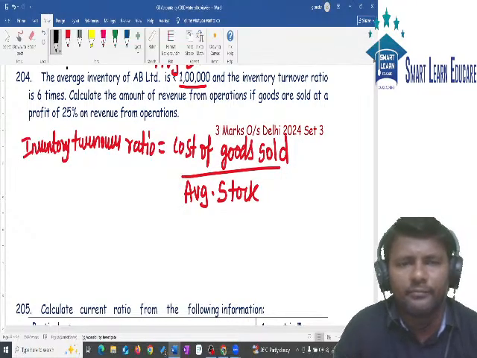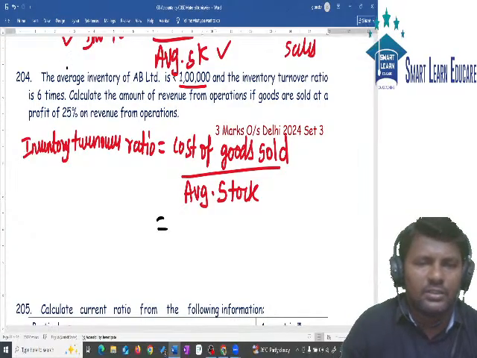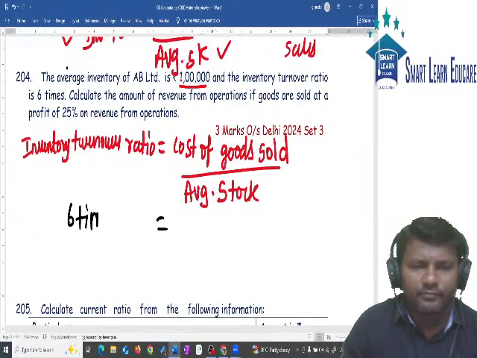This is the formula. So this is given as 6 times.